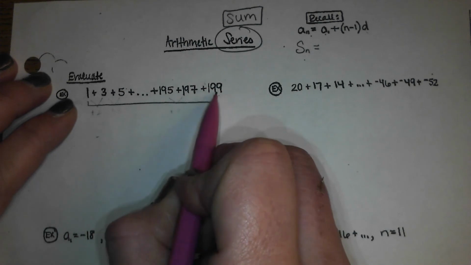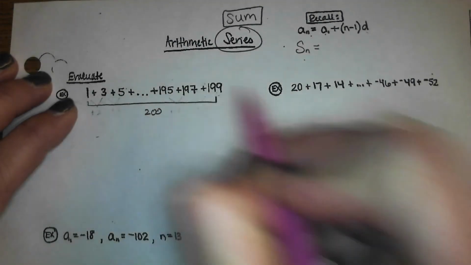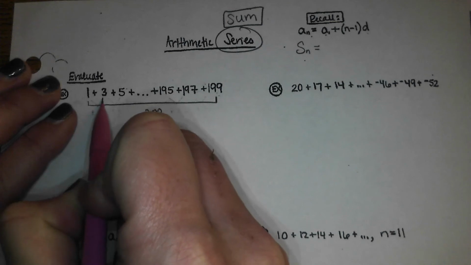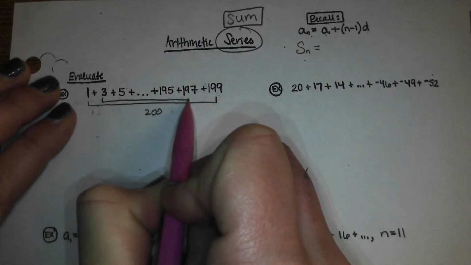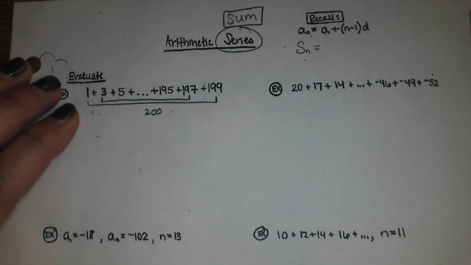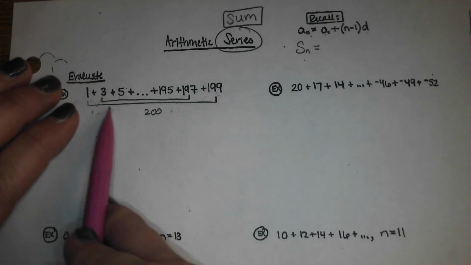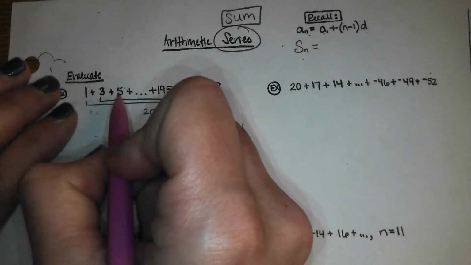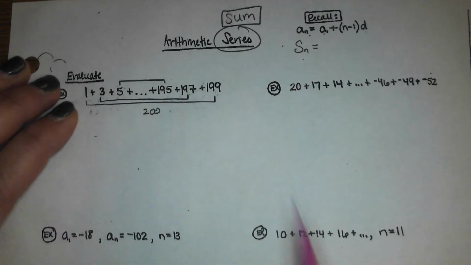First term plus last term, 200. What if you added your second term with your second to last term? Also 200, right? The 3 and the 197. What if you added your third term with the third to last term? 200.